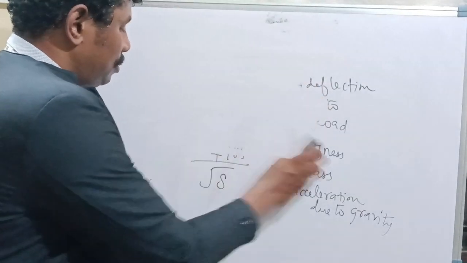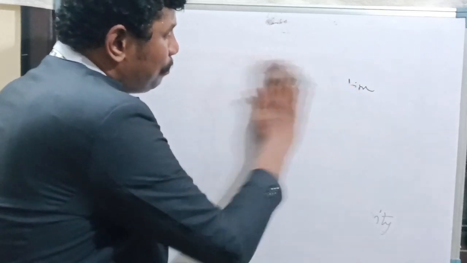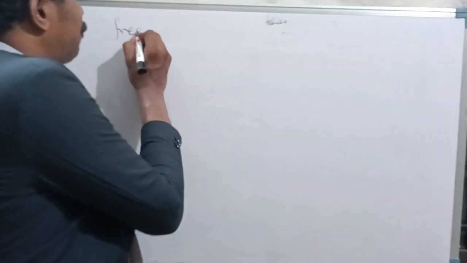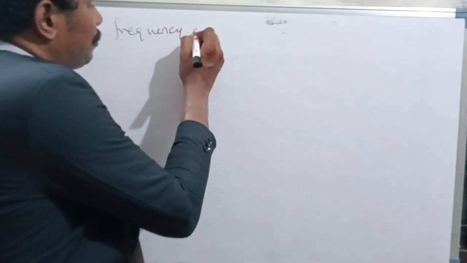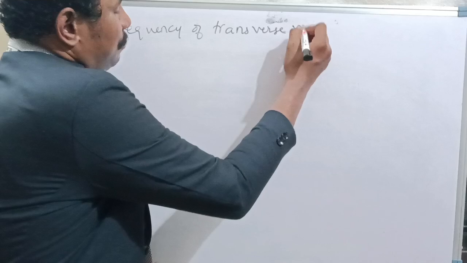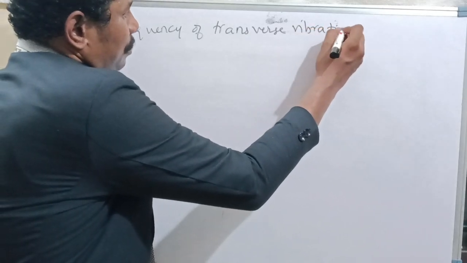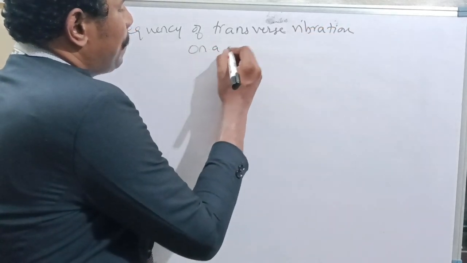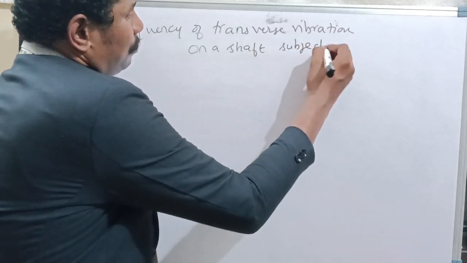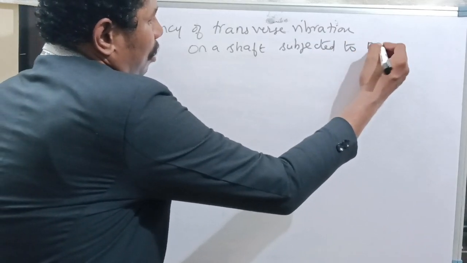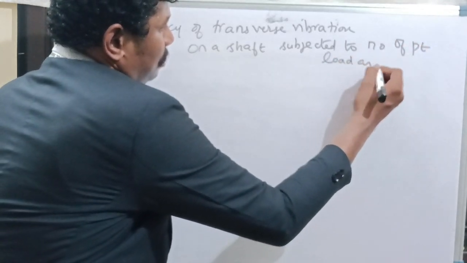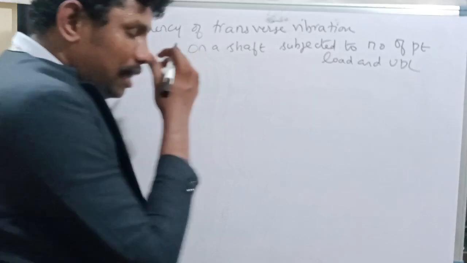So the next important case we are going to discuss is about the frequency of transverse vibration on a shaft subjected to a number of point loads and UDL, that is uniformly distributed load.